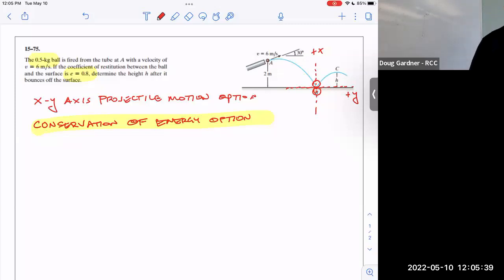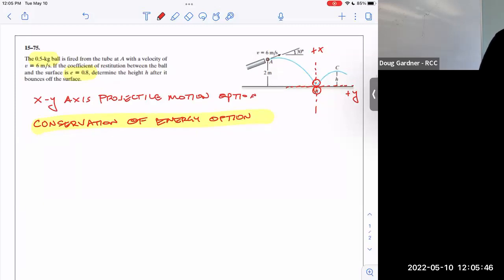Why? Wait, why are you calling that one y? Only because that's the one that stays constant. Whatever its y velocity is, it's going to stay the same.